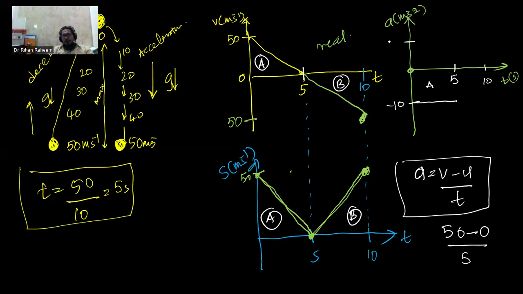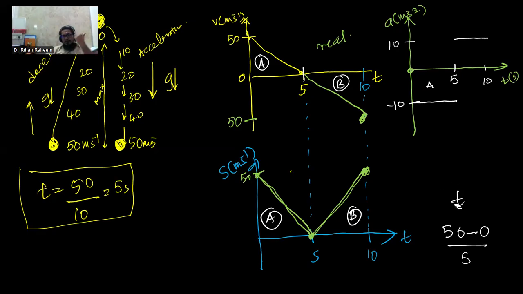So the acceleration value doesn't change. It's two situations, one acceleration and the other deceleration, so you join the graph like this. If they give you an acceleration time graph for any object thrown up, you can clearly see that going upwards it's a negative value because it is deceleration, and coming down it is positive because the coming down journey is an acceleration situation.